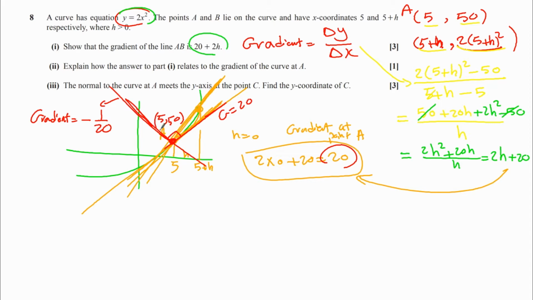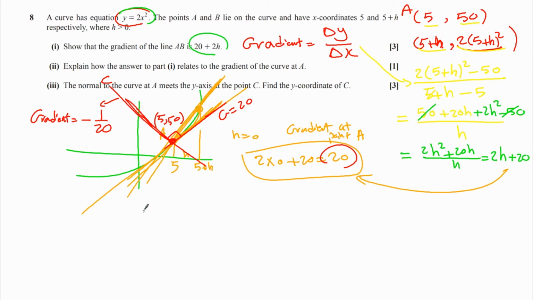If I call this line, for example, C, I want to find out the equation for line C, which passes through 5 and 50, point A, and the gradient is minus 1 over 20.